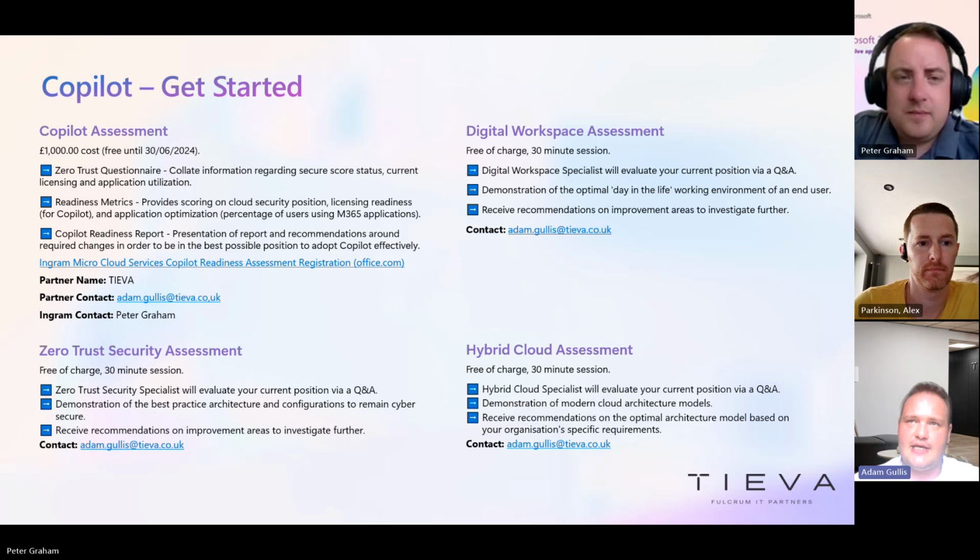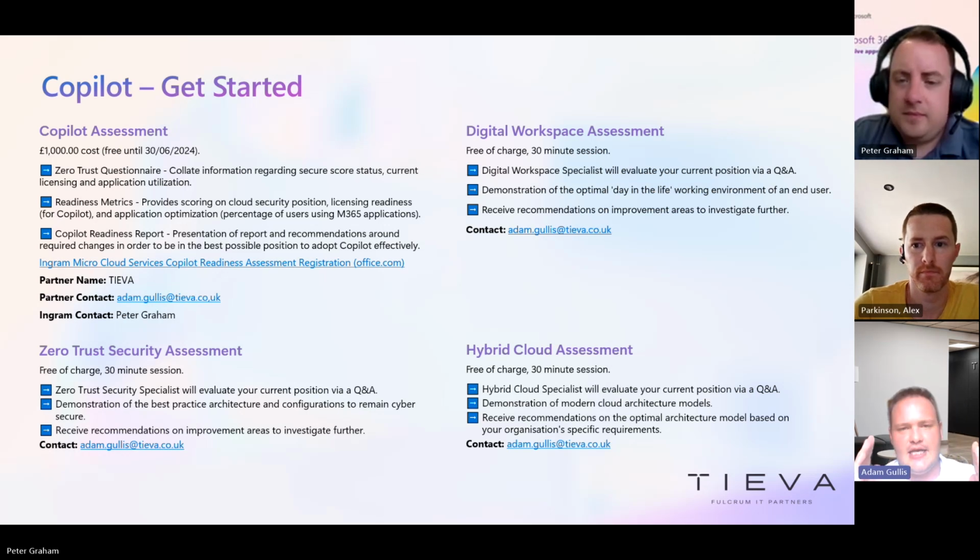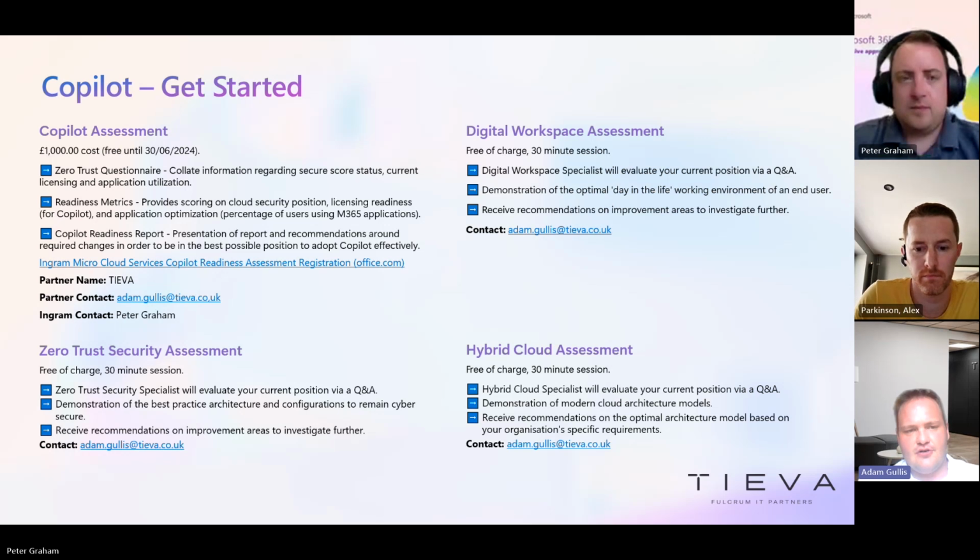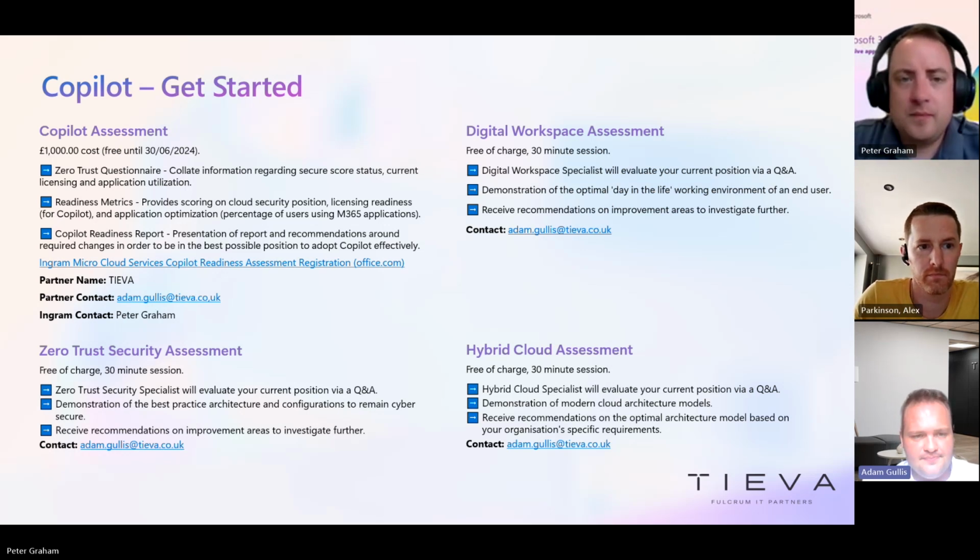The digital workspace, which obviously encompasses Copilot, is focusing on the productivity of end users. How can you make their working environment better in order to get better output from your end users? The zero trust security is essentially looking at your holistic cyber risk position. Again, we'll ask you questions, put it through a calculator, and give you recommendations for changes and why.